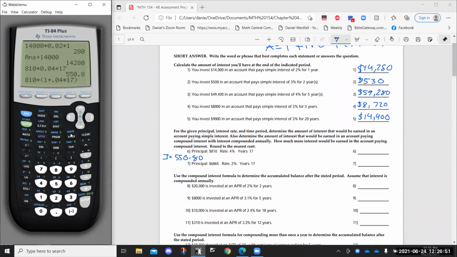Compound interest formula: P times (1 plus R over N) to the NT. So how many times is it compounding? It's only compounding once a year. Let me write that down here.